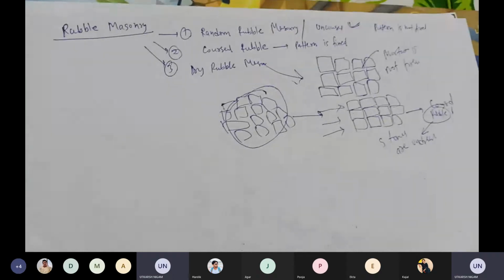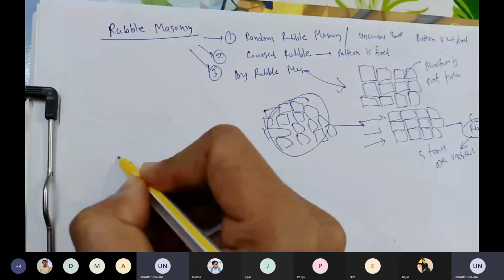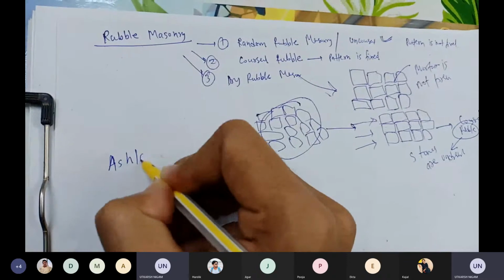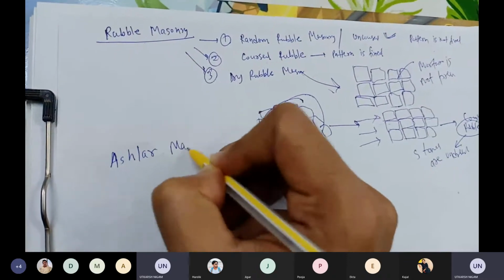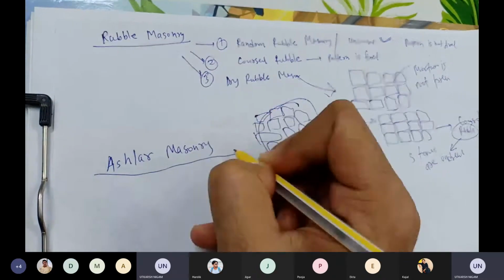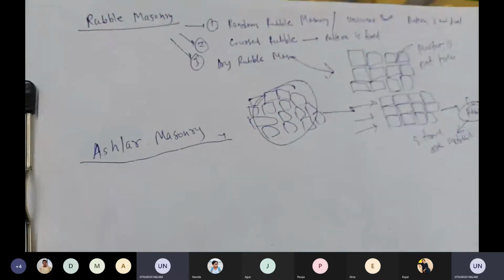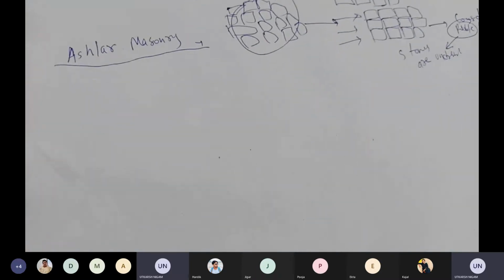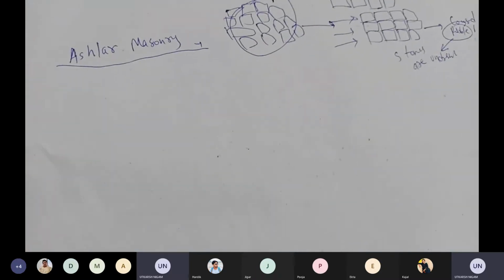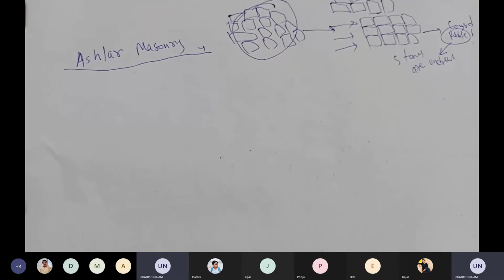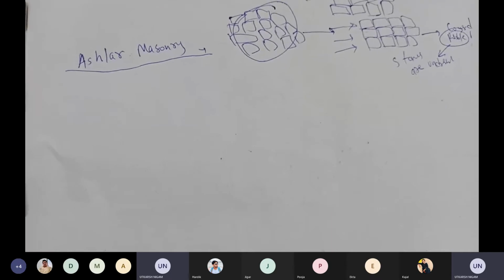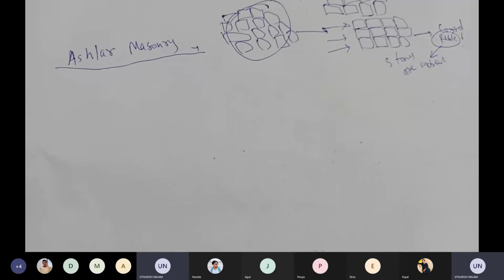Now we will come to the other important type, that is ashlar masonry. What do we understand by ashlar masonry? In ashlar masonry, stone blocks are of square or rectangular shape with raised surfaces.